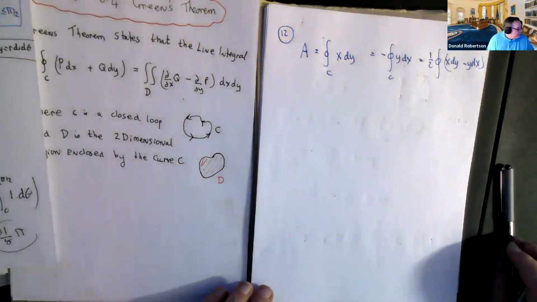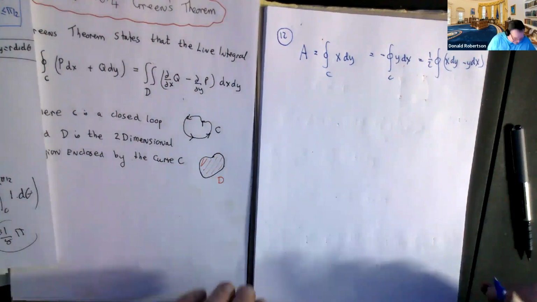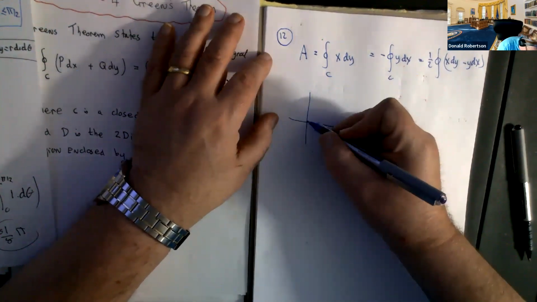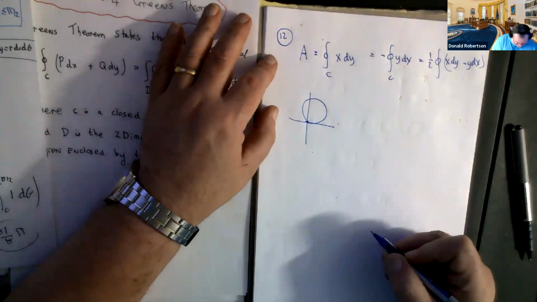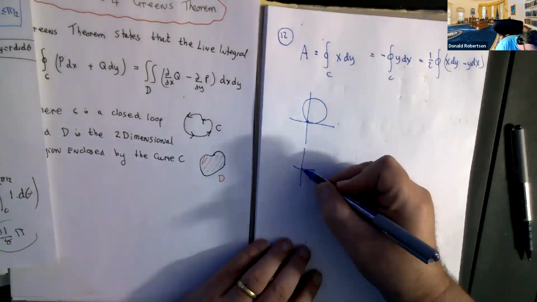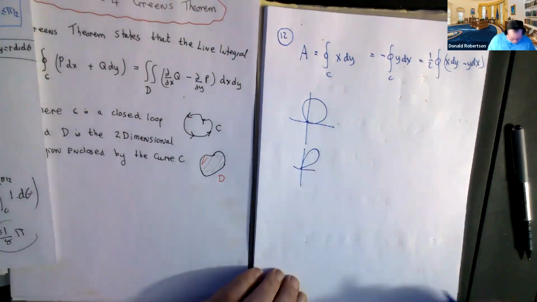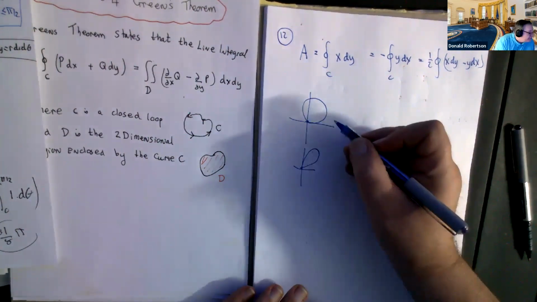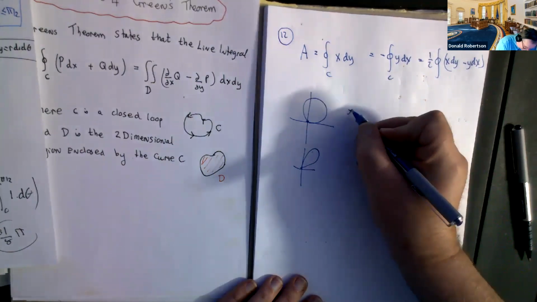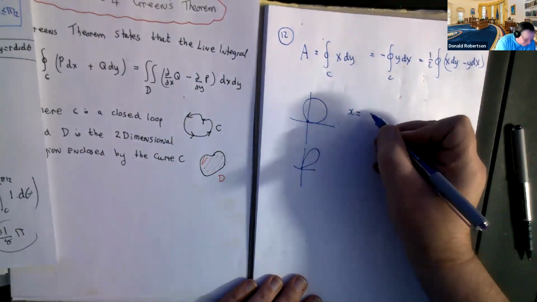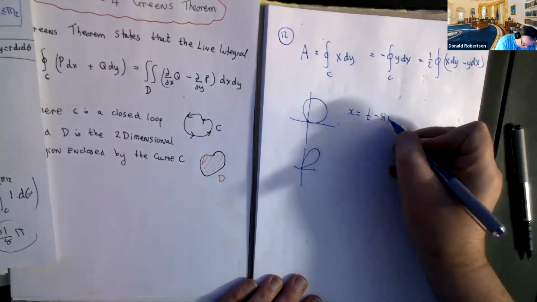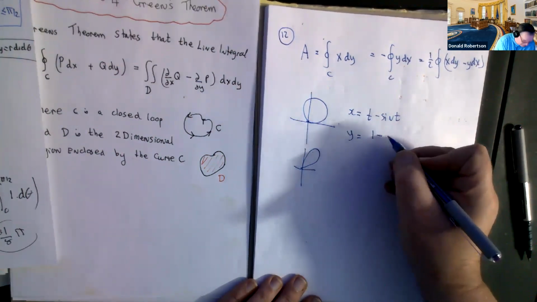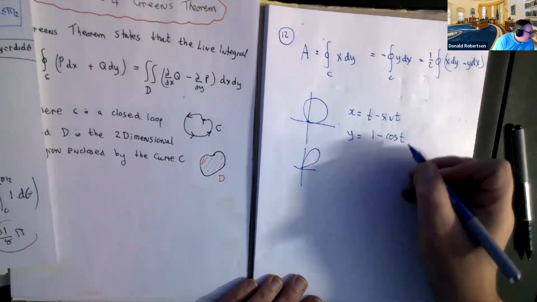And A they're talking about is the area of a cycloid. A cycloid is one of those kind of shapes that go like that. It could be much more petal-like, especially if I'm trying to draw it. And this cycloid is given in its parametric form as x is t take away sine t, and y is going to be 1 take away cosine t.